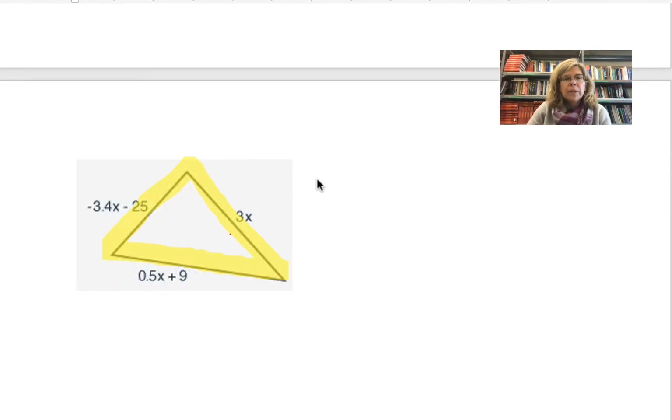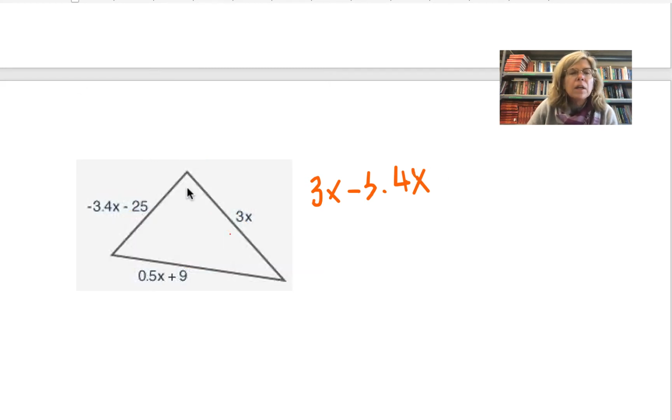Okay, so it's going to be 3x minus 3.4x minus 2.5, I think that says. Or is it 25? I have to erase the yellow and see. It's 25.